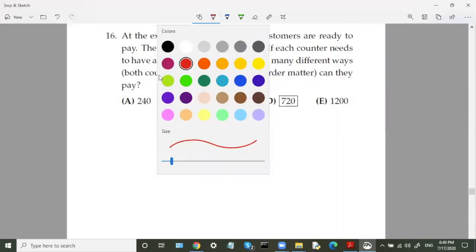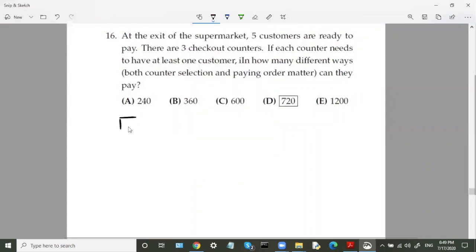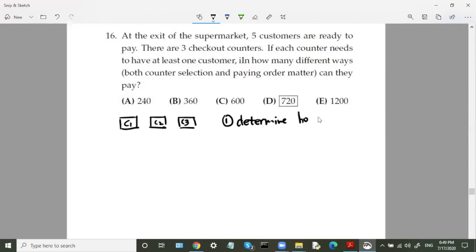Okay, so first we have 3 counters: counter 1, counter 2, counter 3. So we need to determine how many customers are in each counter.